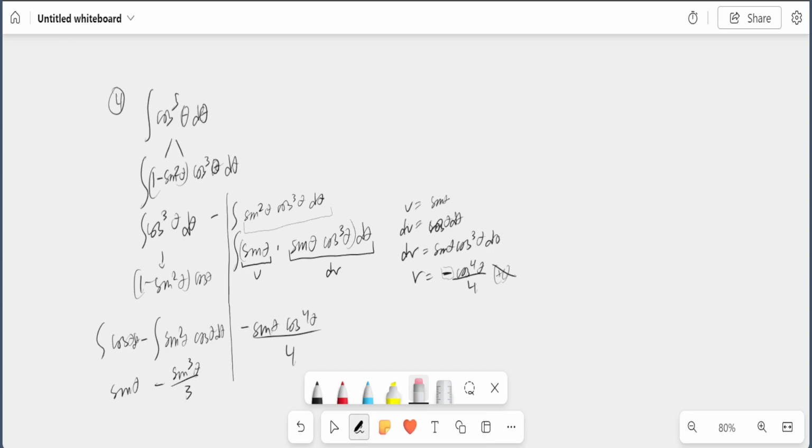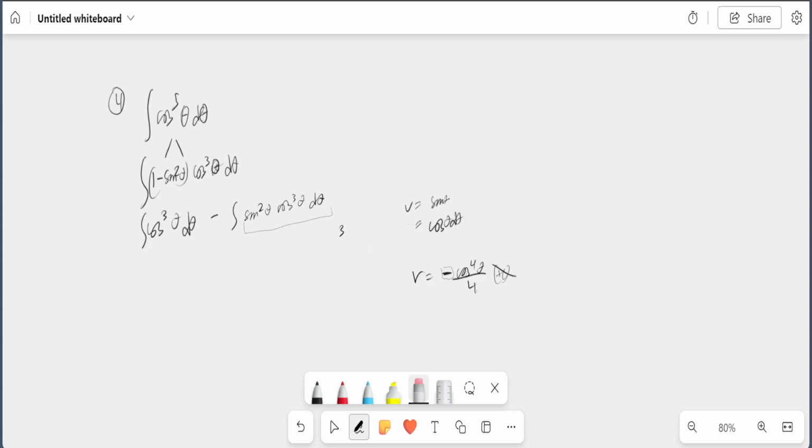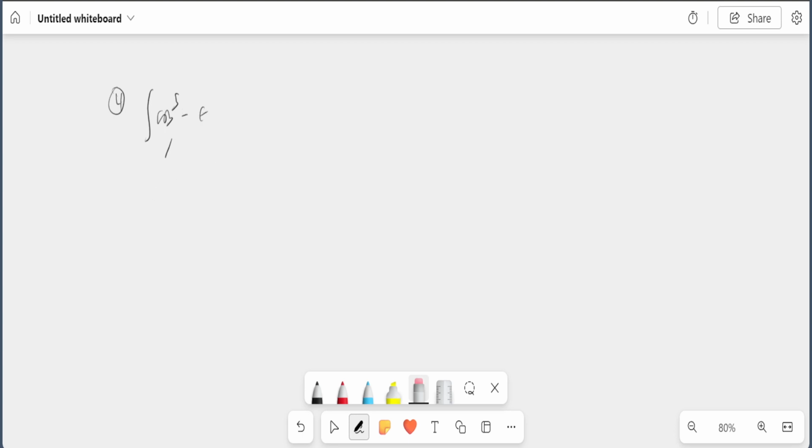All right. What other questions do you guys have? There's probably multiple ways to do that. I feel like that's the easiest. Actually, you know what would be easier? You could do 1 minus sine squared theta, squared, cosine theta d theta, and then expand this out.